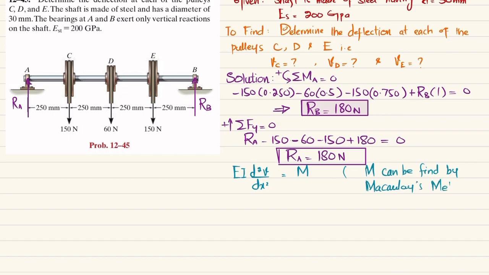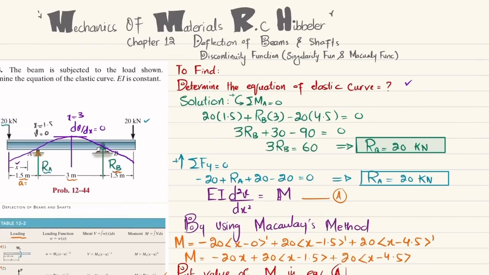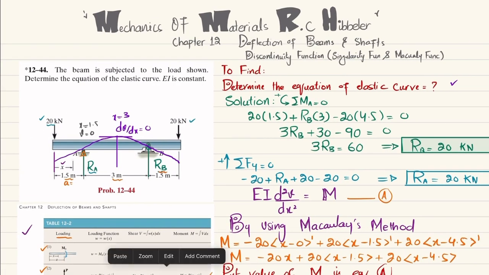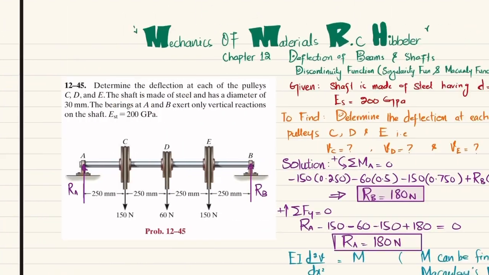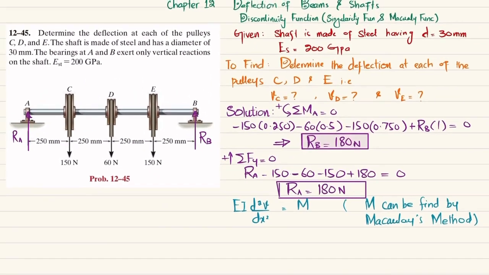For that we need the table that is available in chapter number 12. I will copy it from the previous problem which I have solved, so let me copy it and paste it over here.